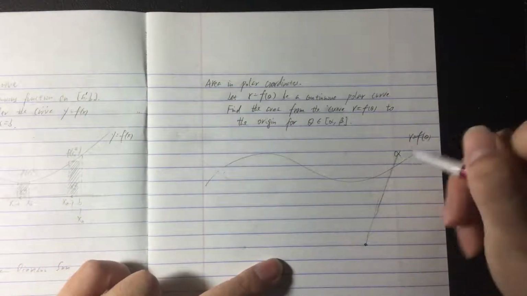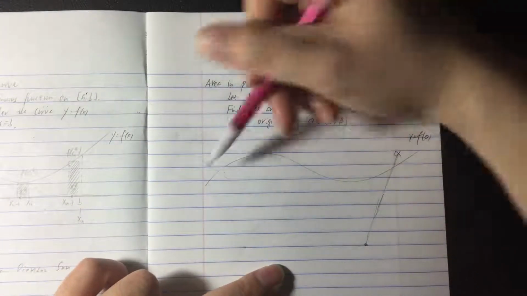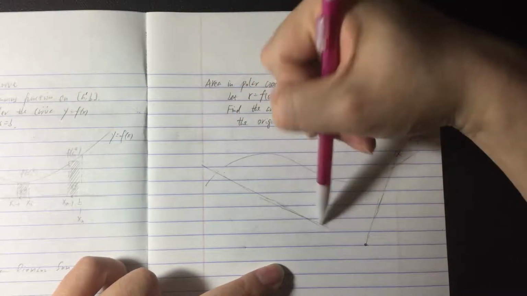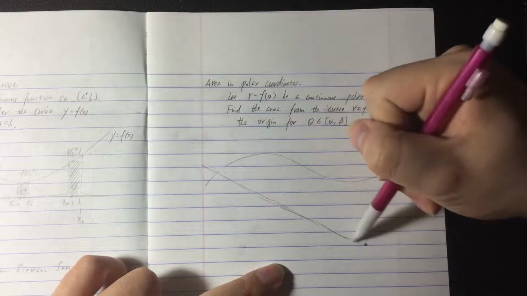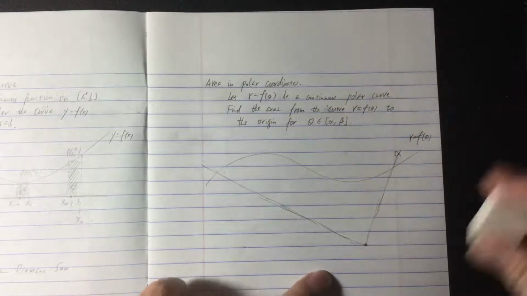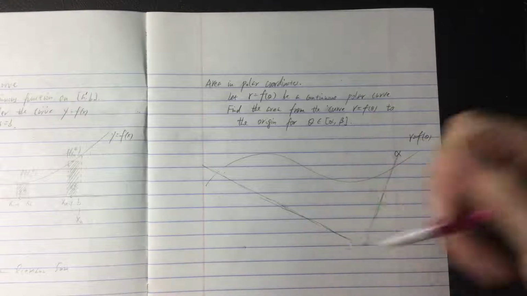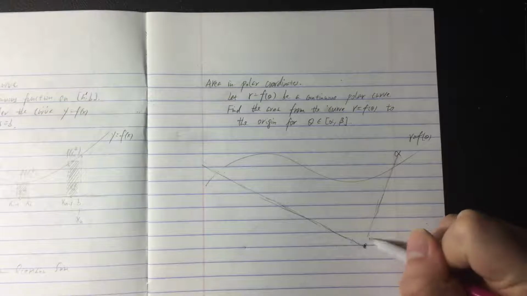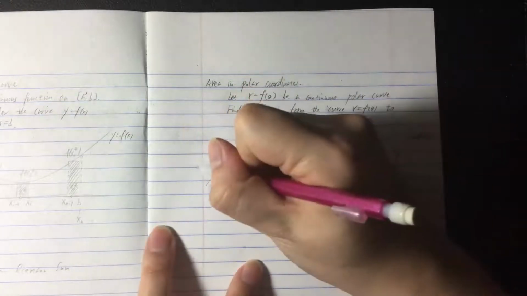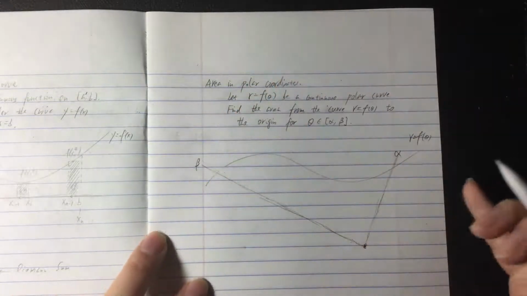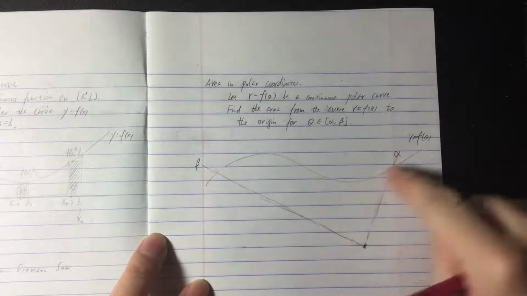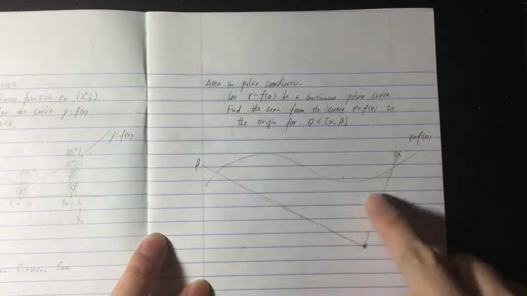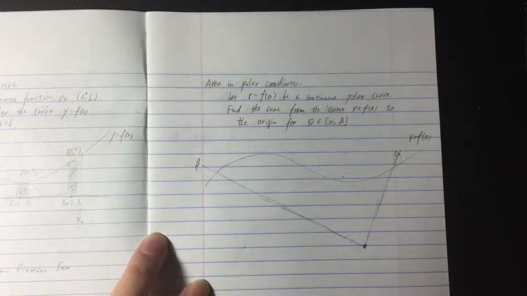Assume that's angle alpha, and that's angle beta. We are looking for the area from the curve to the origin, for theta between alpha and beta. We are looking for this area here. Now, how do we find the area?